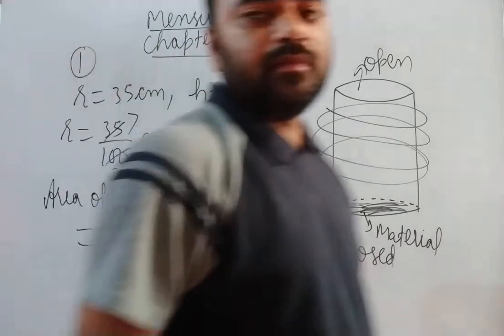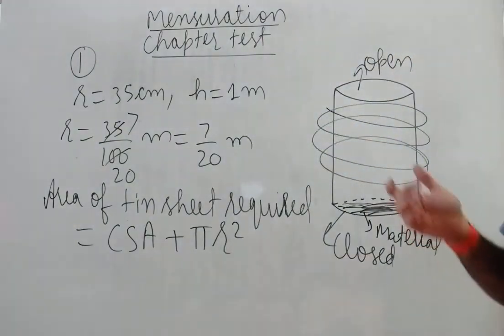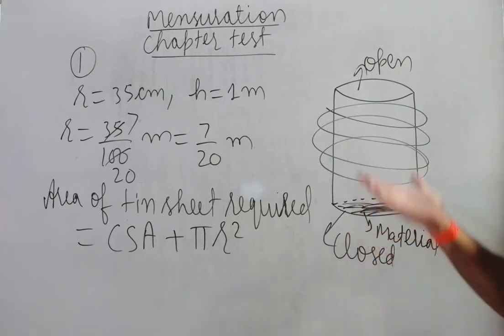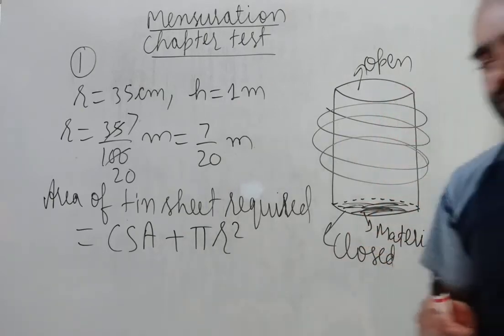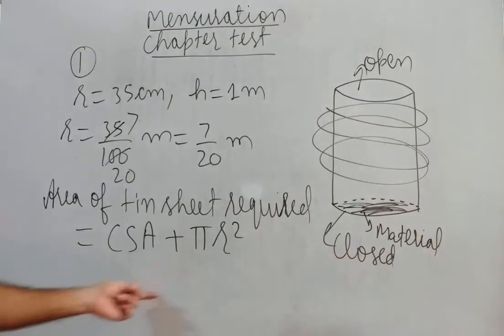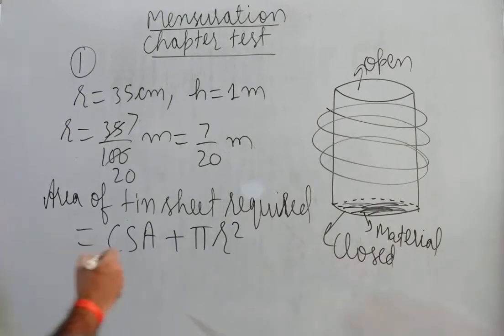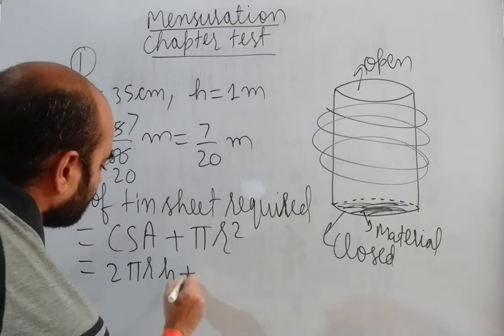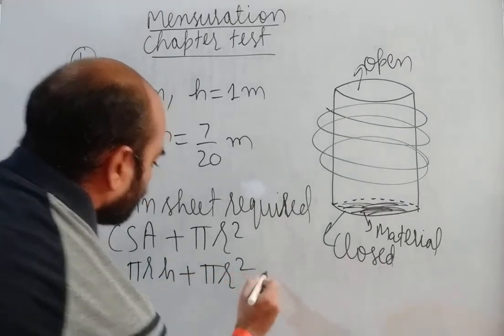Understood why we are doing the question? Tin sheet will be used in making the curved surface and the bottom part because the container is open from the top. So curved surface area plus pi r square. Curved surface area means 2 pi r h plus pi r square.